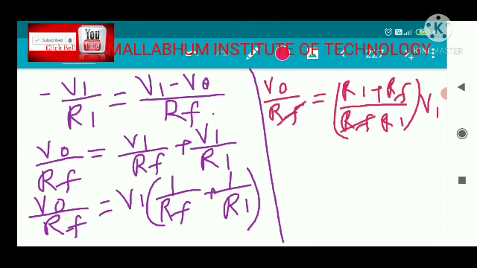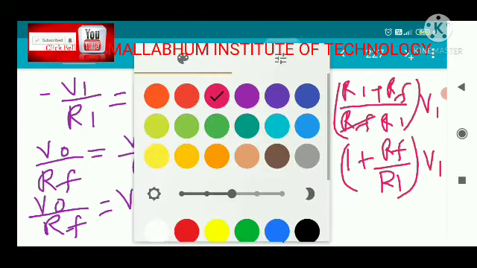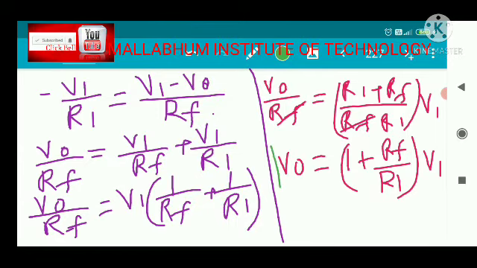So RF is cancelled, and your V0 is nothing but 1 plus RF divided by R1 into V1. This is the equation for the output voltage in the case of the non-inverting amplifier.